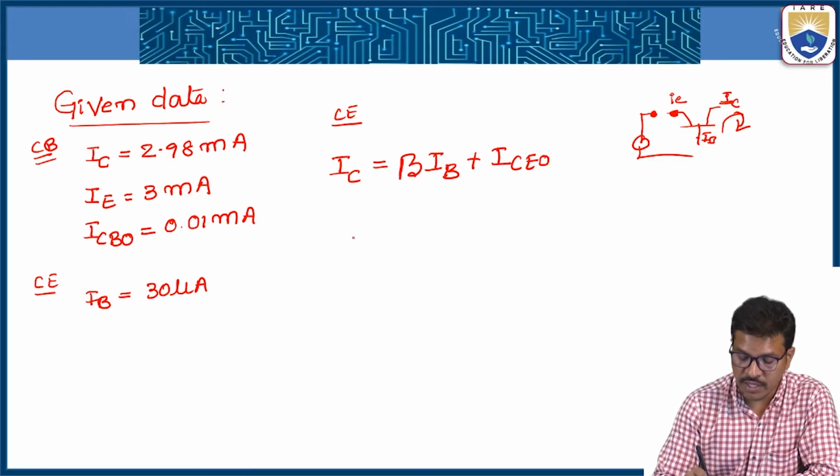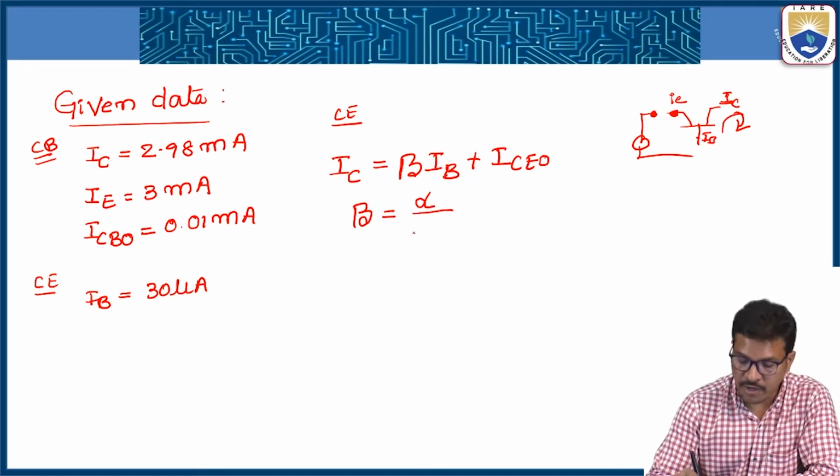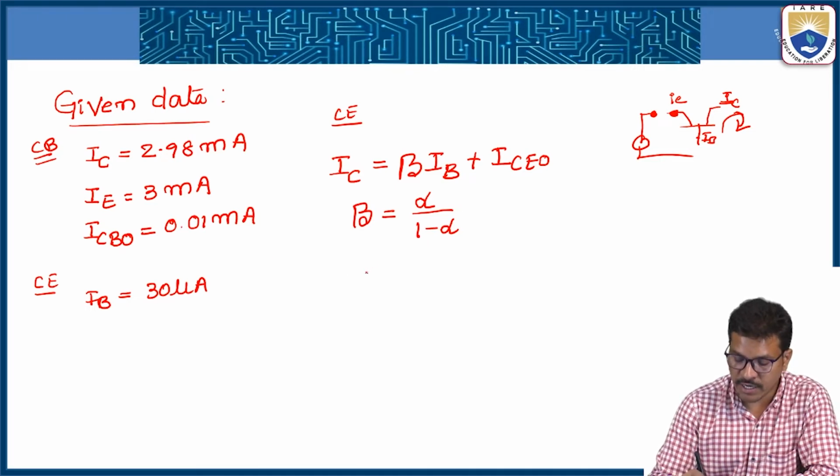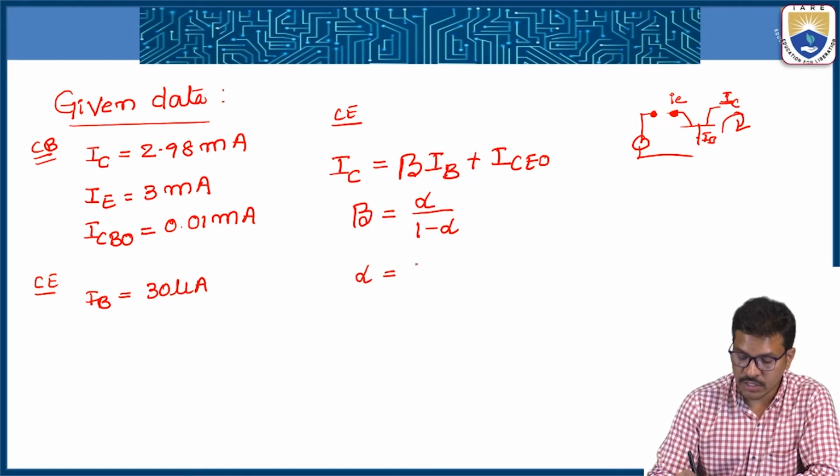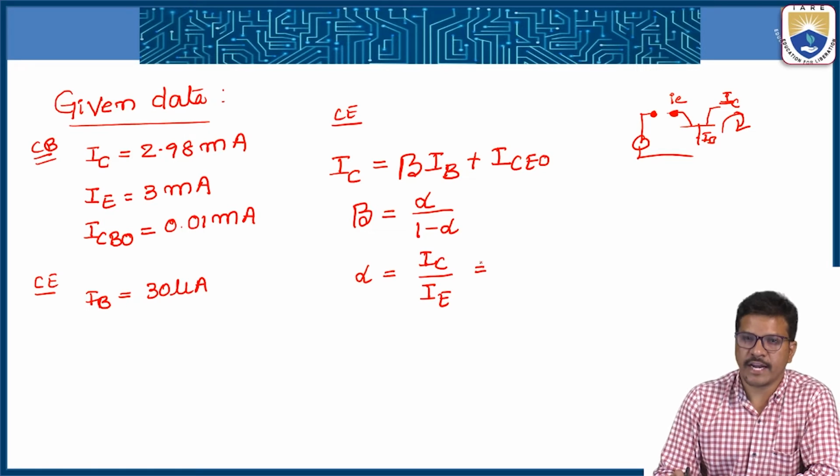So first, from the given data, we find beta. Beta is equal to alpha by 1 minus alpha. So how do we find alpha from the given common base configuration data? Alpha is equal to IC by IE, the common base configuration current gain.